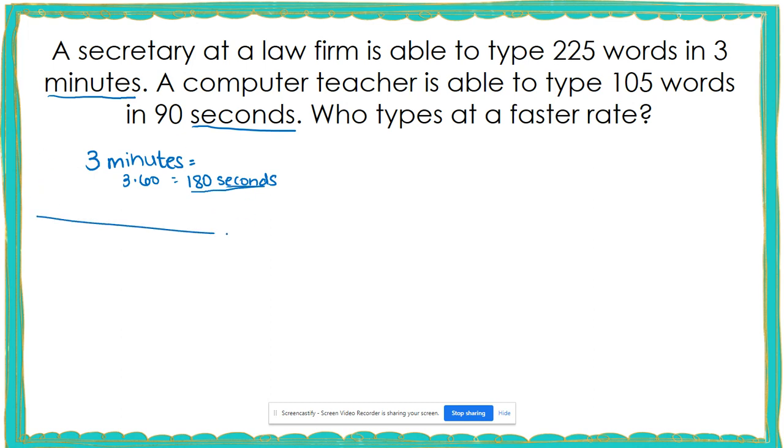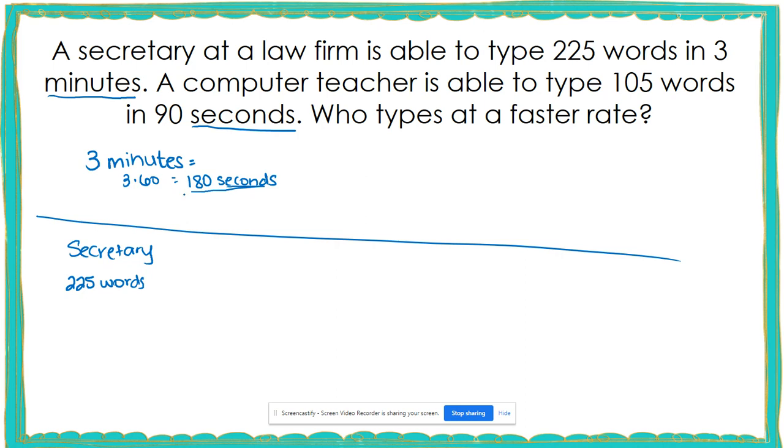Now that I know that, I can compare the secretary to the computer teacher. So the secretary types 225 words in 3 minutes, but I know that 3 minutes is the same as 180 seconds. So the secretary types 225 words in 180 seconds.